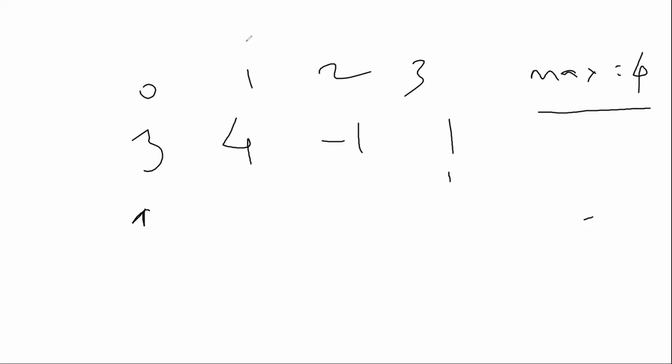I am slightly doubtful about that. I think the first thing we should do is somehow get rid of negative numbers and all the numbers greater than the range. Yeah, exactly. No, we don't need to get rid of the negative numbers, because we can keep them there. So when we go there in the last iteration, if it's negative, we know we can use that value for the answer.